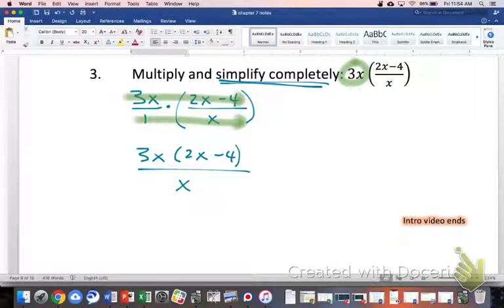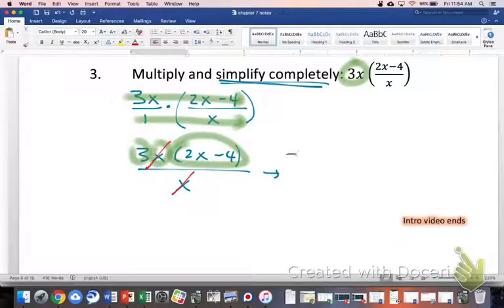Based on what we did back in 7.1 where we simplified rational expressions, this would be one where we could simplify. If you notice in the top, I've got 3 factors: the 3, the x, and the 2x minus 4. Of those 3 factors, one of them is actually going to cancel with the denominator, right? It's this one right here. This factor of x, that whole factor, will cancel with that whole factor.